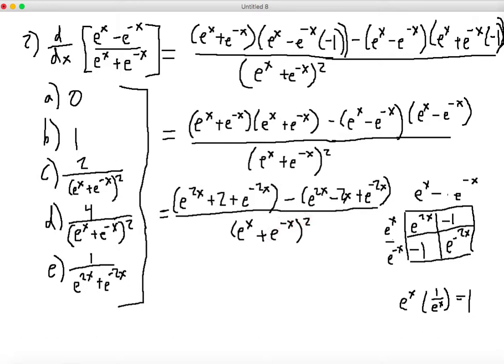So you'll have here your e to the 2x minus e to the 2x, and 2 minus a negative 2 will not cancel, but e to the negative 2x minus e to the negative 2x will cancel, and this will simplify down to 4 over e to the x plus e to the negative x quantity squared. So your answer here is going to be D.